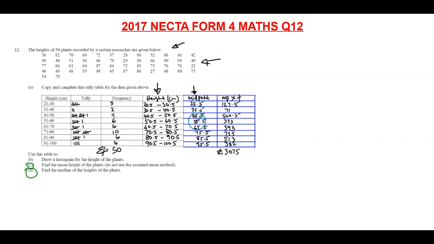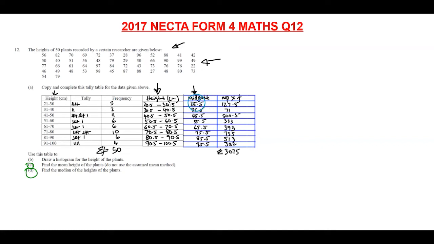So you find your midpoints. And it would be the same if you use this class or that class. So your midpoint is the average of the two bounds. So if you do, for example, 21 plus 30 divided by 2, you get 25.5. You get the same if you did 20.5 plus 30.5.